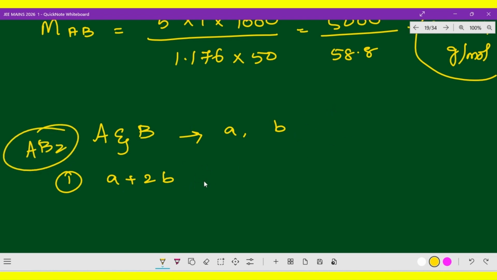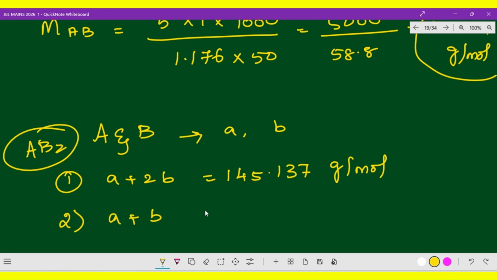So A plus 2B equal to 145.137 gram per mole. And the same way equation 2: A plus B equal to 85.034 gram per mole. Right.